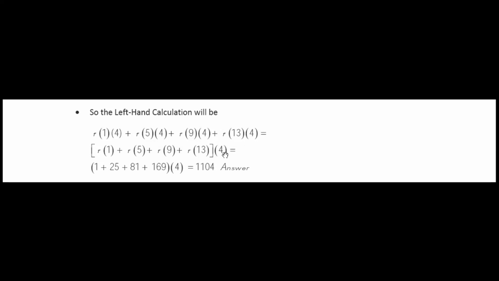Now, what is, well, a factor of 4 here? You can, or you don't have to, but we've chosen to factor out this. Now, where am I getting these numbers down here? Well, remember, my function is x squared. So f of 1 is 1 squared. f of 5 is 5 squared. f of 9 is 9 squared. And f of 13 is 13 squared. You add these together, multiply by 4, and that's your answer.